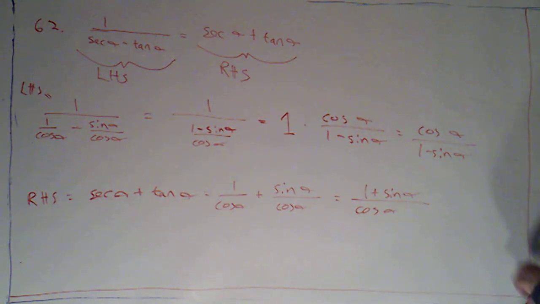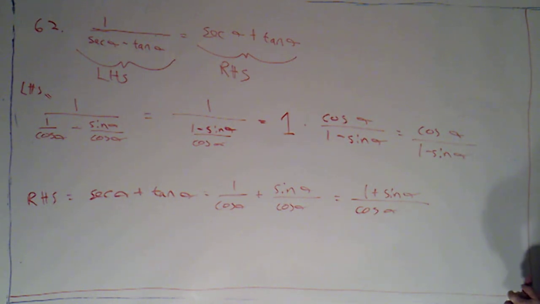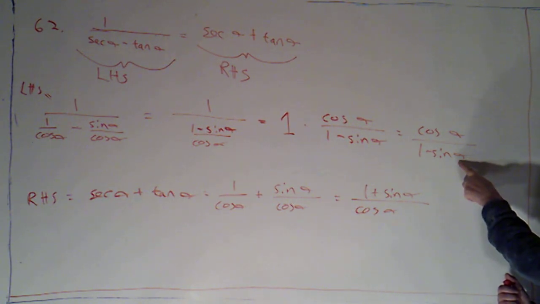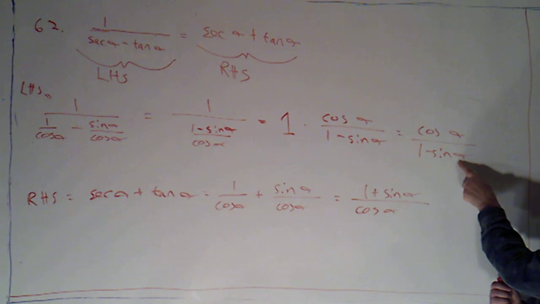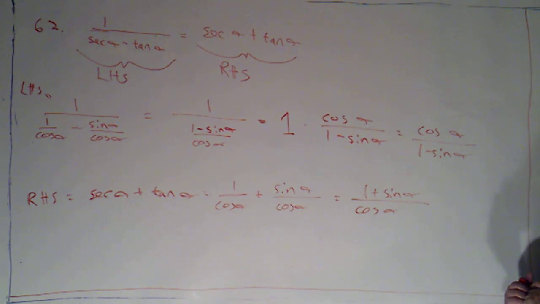Now, at this point, I've simplified them both so that they're in terms of sines and cosines. It's not super obvious that these are the same, but I'm noticing that in this one I have a factor of 1 minus sine alpha, and in this one I have a factor of 1 plus sine alpha.